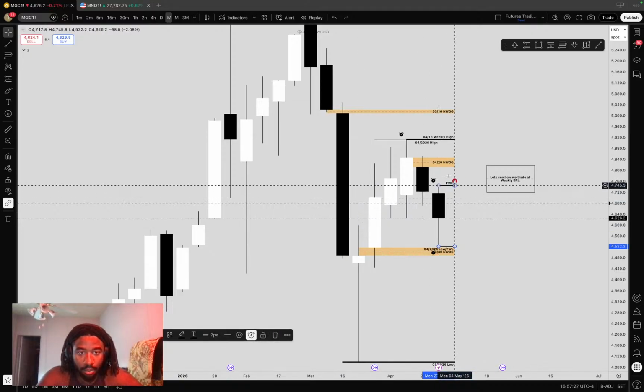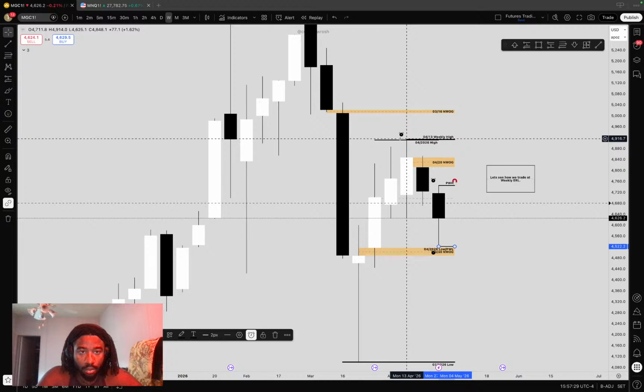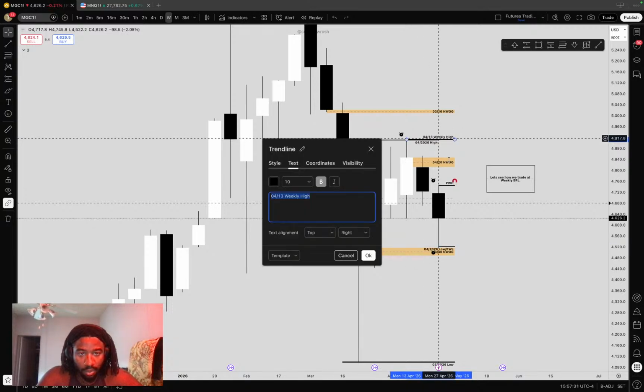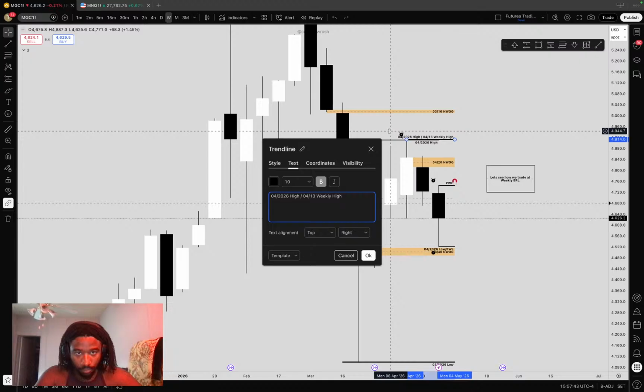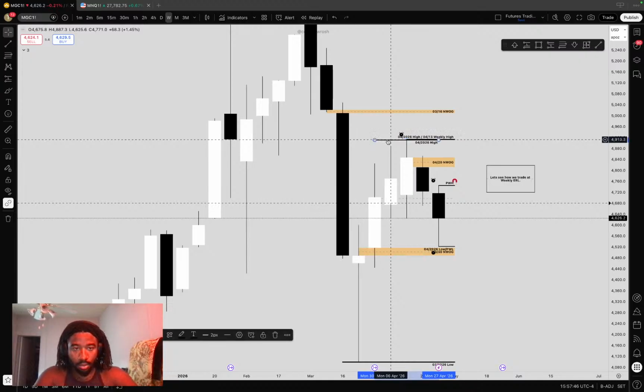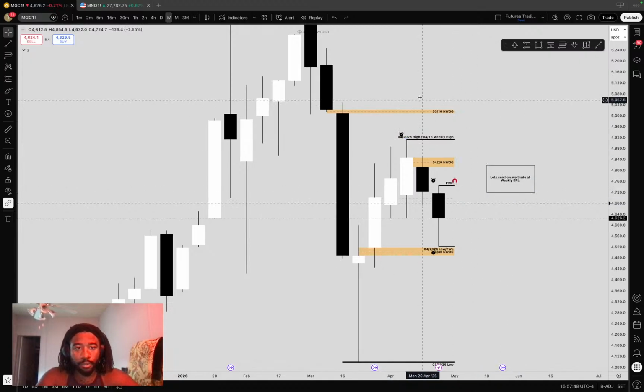Okay, so we have that labeled there. And then we have that weekly high that we have labeled, but we're also going to label it the 04 2026 high. Okay. Just to clean things up first and foremost.